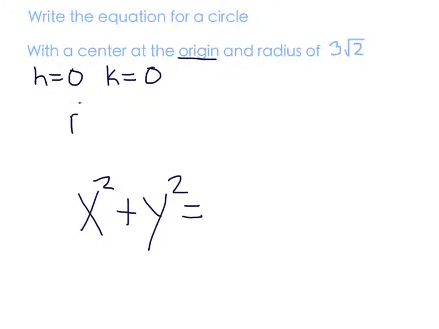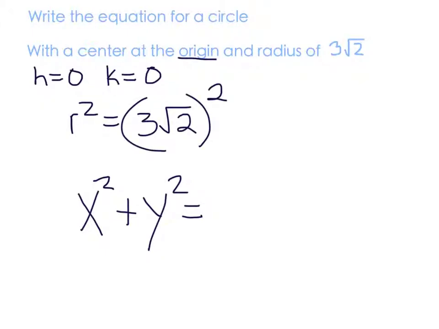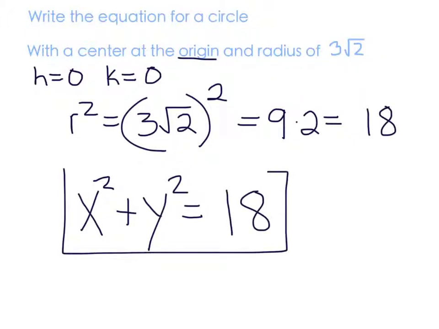And r squared is 3 root 2 squared. And if you're going to plug it in your calculator and square it, make sure you put parentheses around it all. Otherwise, it will square the root 2, but it won't square the 3. Because when you square the 3, you get 9, and when you square the square root of 2, you get 2, and 9 times 2 is 18. So x squared plus y squared equals 18.